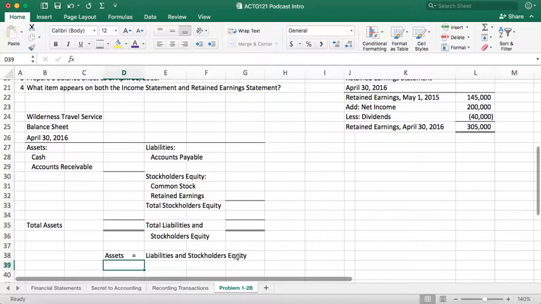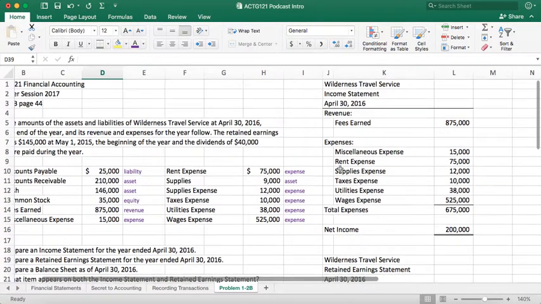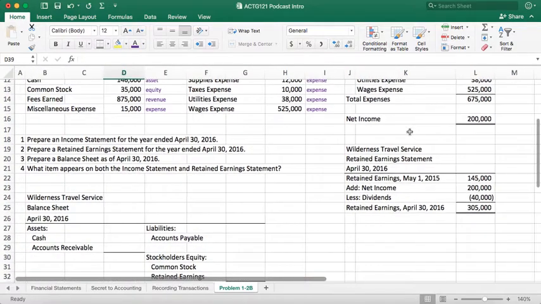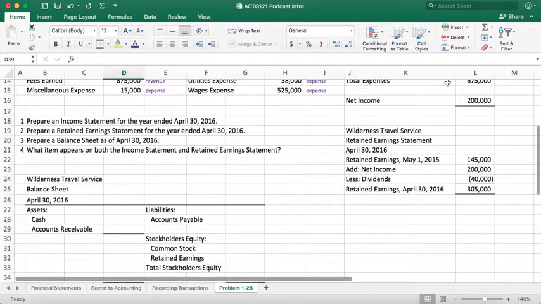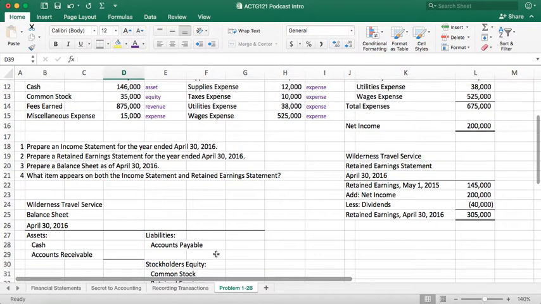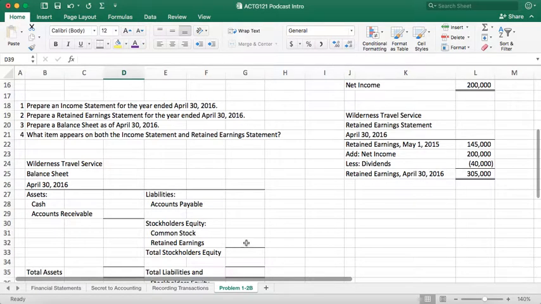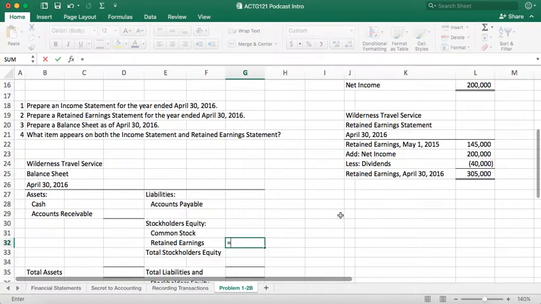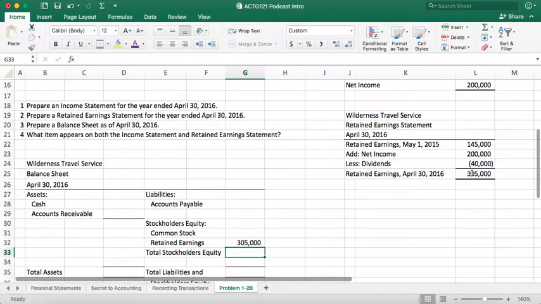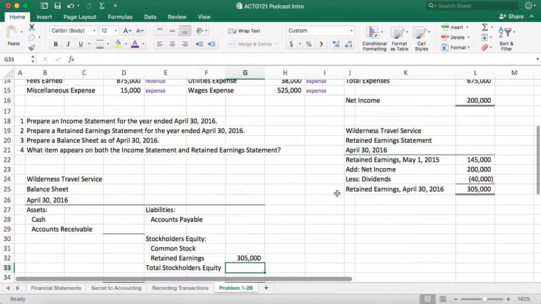Remember, we've already calculated our net income, $200,000, and incorporated it into our retained earnings statement. So that number is embedded right here, and that includes our revenue and our expenses, which is net income less our dividends.